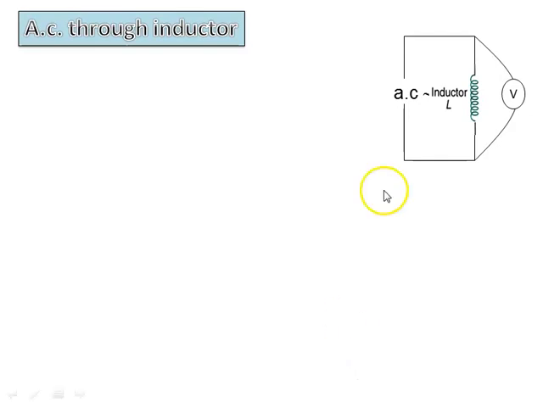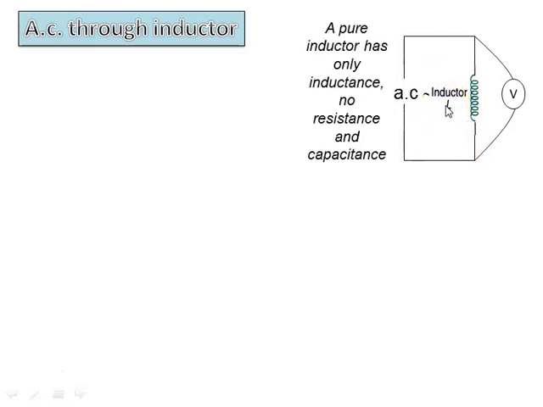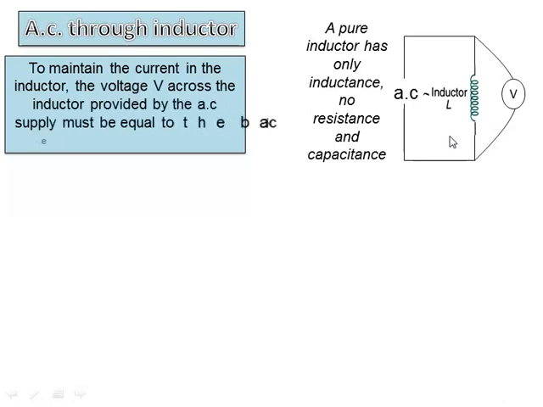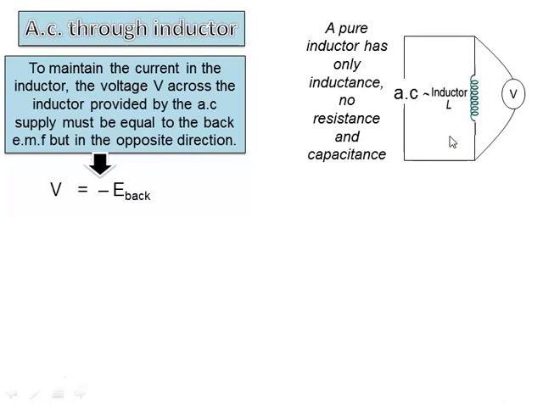AC through an inductor. Refer to the circuit here. A pure inductor has only inductance, no resistance and capacitance. To maintain the current in the inductor, the voltage V across the inductor provided by the AC supply must be equal to the back EMF, but in the opposite direction. So V equals E back.